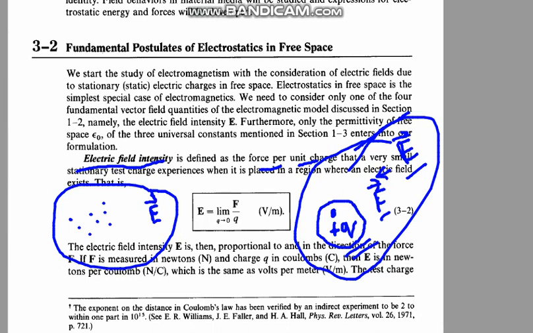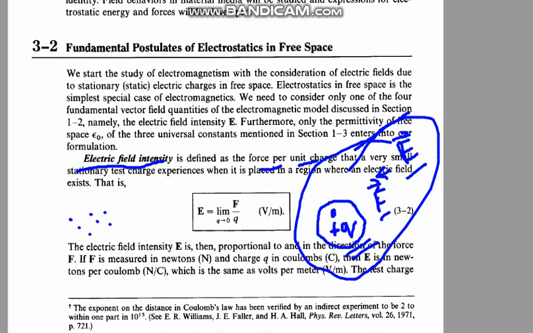If they feel the same, each charge that feels the force, that is known as the electric field intensity. E is equal to the limit of F divided by Q. The unit is volt per meter.